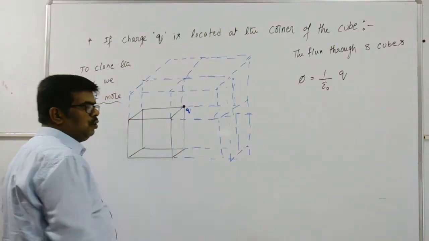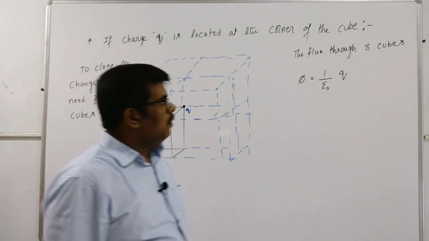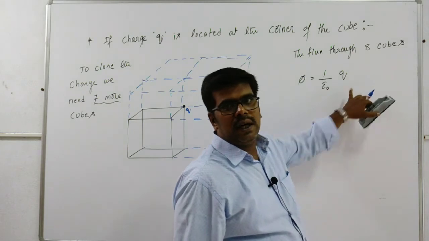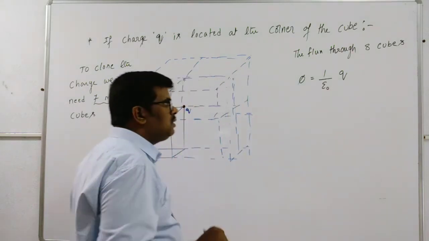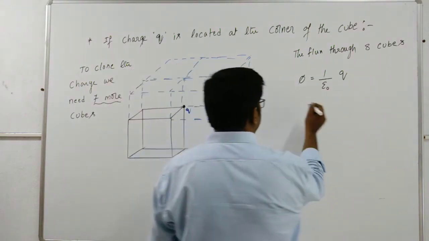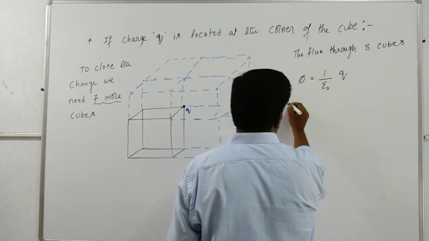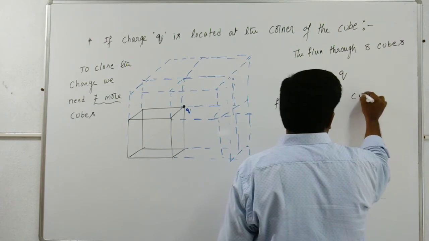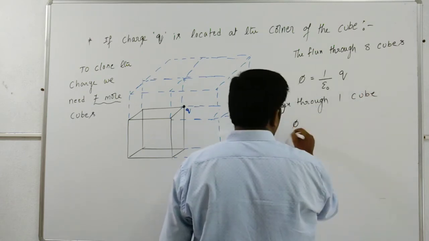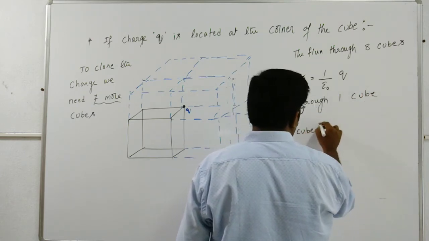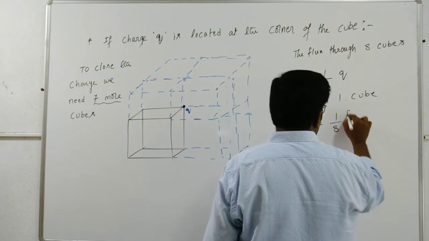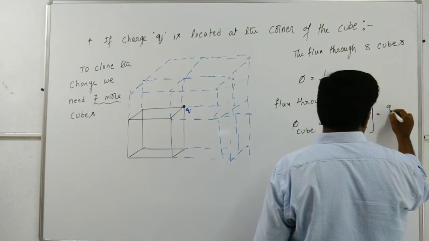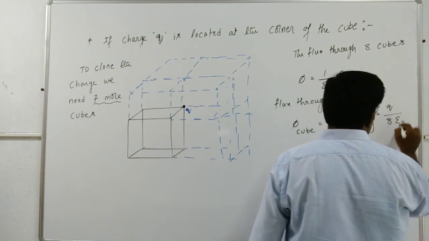This is the cube we need. So from 8 cubes we have q by epsilon naught, so the flux through 1 cube is 1 by 8 times q by epsilon naught, that is q by 8 epsilon naught.